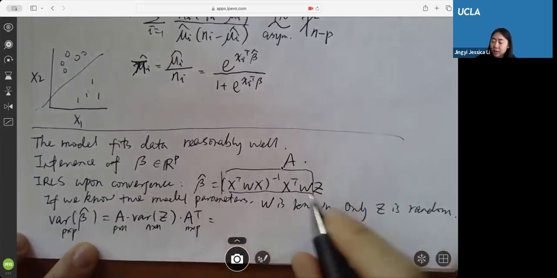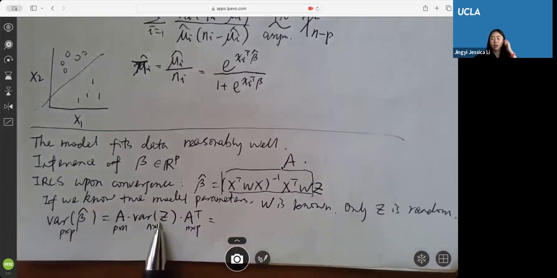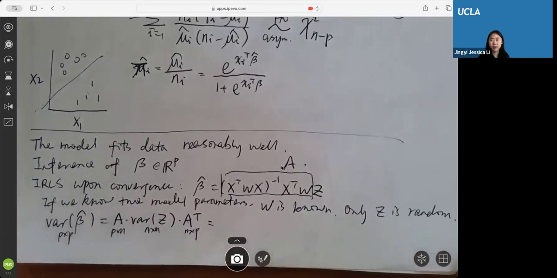We can see that we first need to get the covariance matrix of Z. What is that? We know that already. Remember our definition of the W matrix. It is a diagonal matrix, and the ith entry of W is just 1 over the variance of Zi.